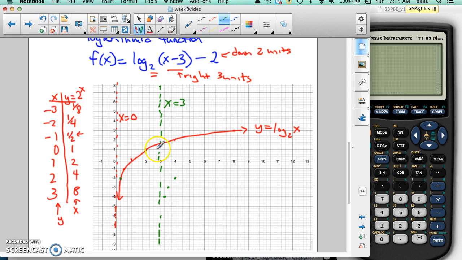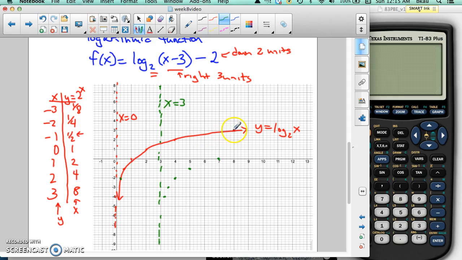We're going to move it over 3 units. 1, 2, 3, and then down 2. 1, 2, down. Goes through this point. And then we'll move this point over 3. 1, 2, 3, and down 2. 1, 2. It's going to go through the axis there.